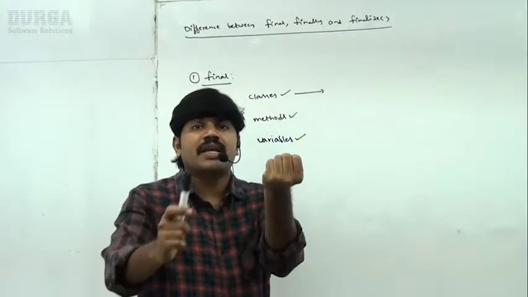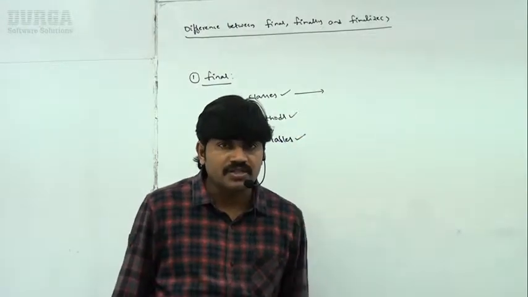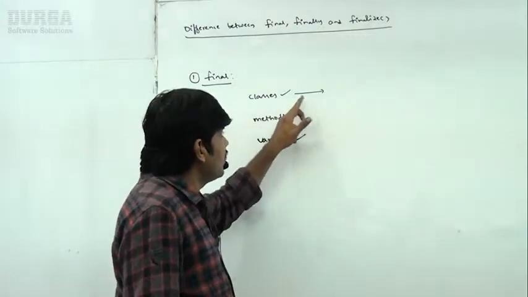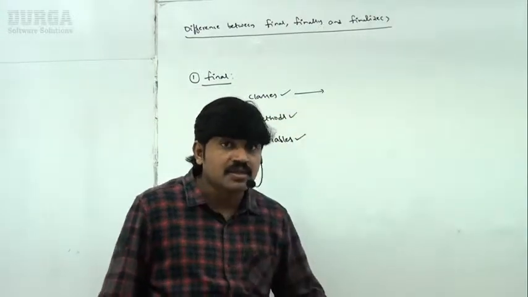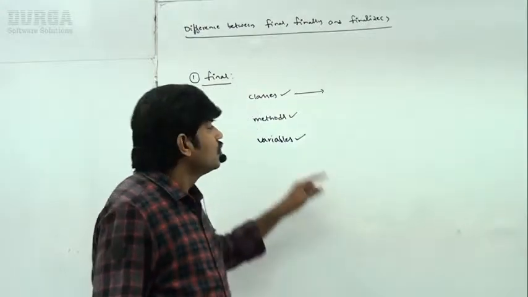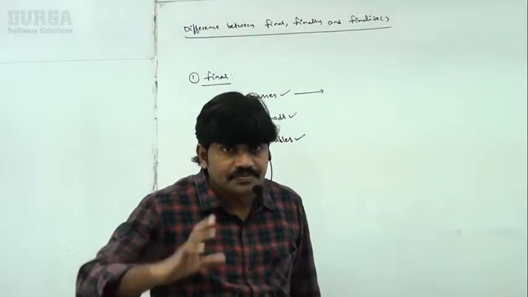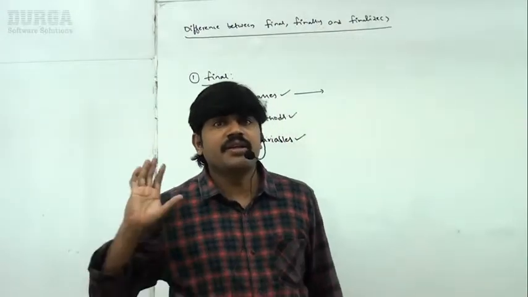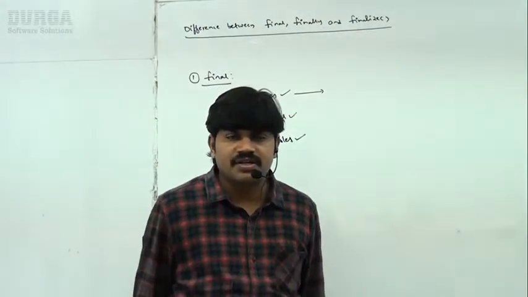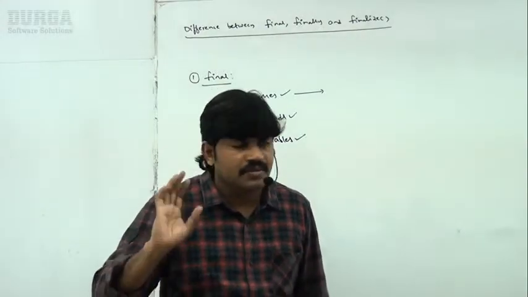No one is allowed to extend this class or its functionality. If by mistake you try to create a child class for this final class, you will immediately get a compile-time error. Remember this: if a class is declared final, we can't create a child class for it, so inheritance is not possible.